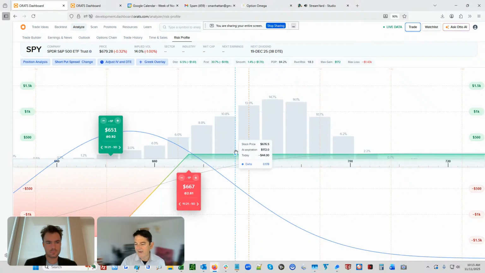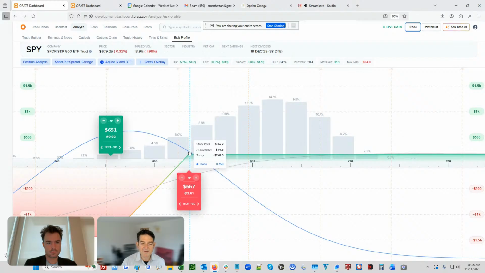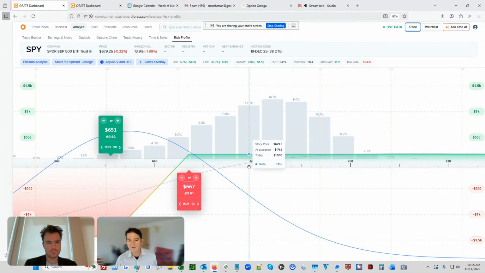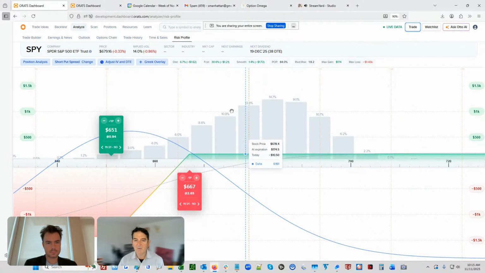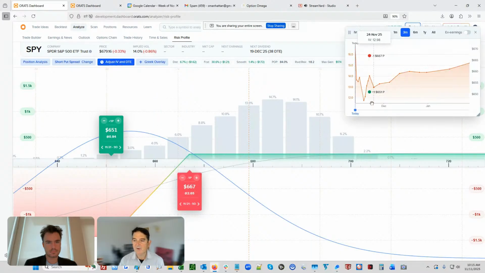So we're long delta, but we also have 11/21. We have 10 days for this, so we have 10 days until we get this green and red line here. But today we have this gray theoretical line going through right here. This gray line is today's value, and we can adjust it. You can see it moving toward the day before expiration.